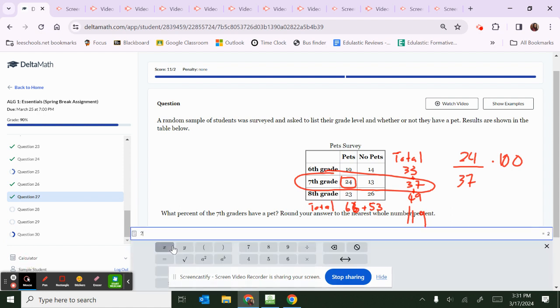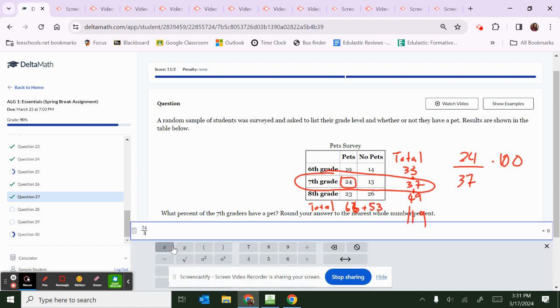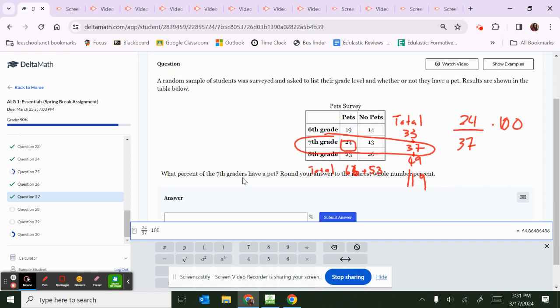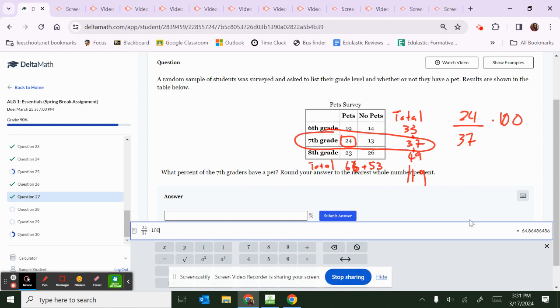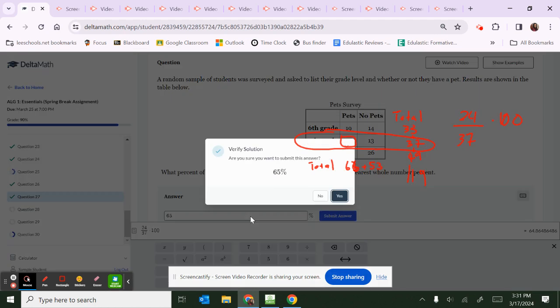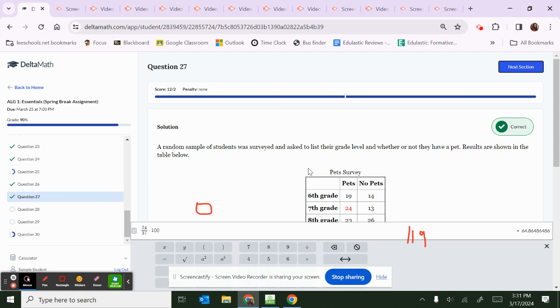So when I plug that in my calculator, I get 64.86, but it says round to the nearest whole number. So I look at the first number after the decimal point. Because it is 5 or larger, the 64 would go to a 65. All right. So again, guys, just like that. The more practice you get on this question, the better you'll get at it.